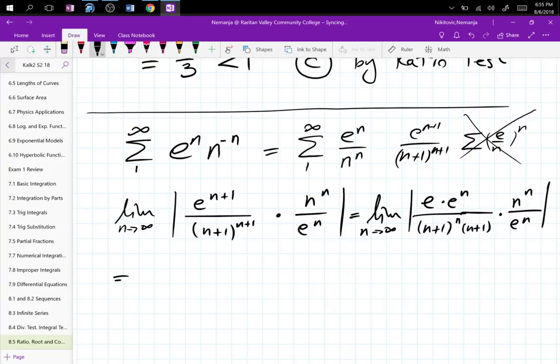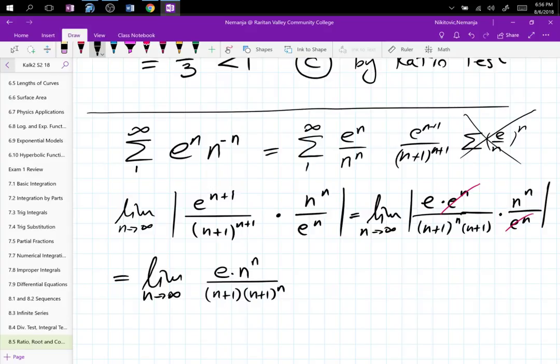So now what happens is, limit n goes to infinity, e to the n drops. And what we have is e times n to the n divided by n plus 1 to the n.